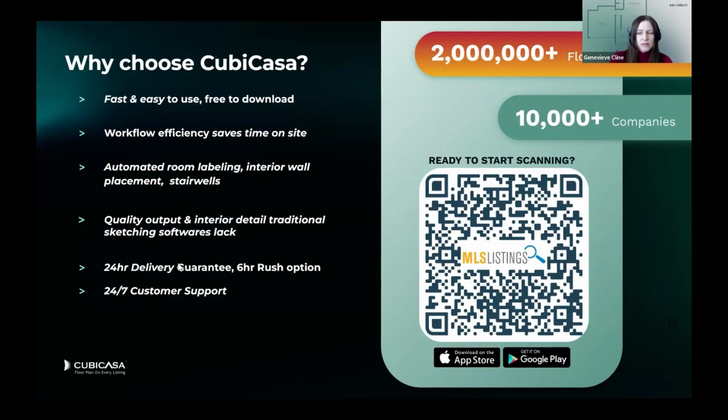For most properties, this is going to save you time. We automate the room labeling, wall placement, and show stairwells. So if you're doing any kind of report that requires interior walls, that's going to save you a ton of time, if you just don't have to take that little bit of extra time for the room labels or have them awkwardly placed.